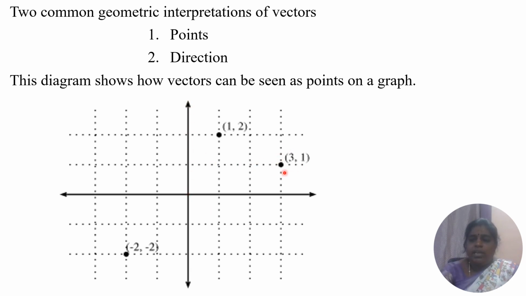The point 3, 1 means 3 steps right on the x-axis and 1 step up on the y-axis. The point -2, 2 means 2 steps left on the x-axis and 2 steps up on the y-axis. Each point x, y represents a vector that shows a position in space relative to the center called the origin 0, 0.